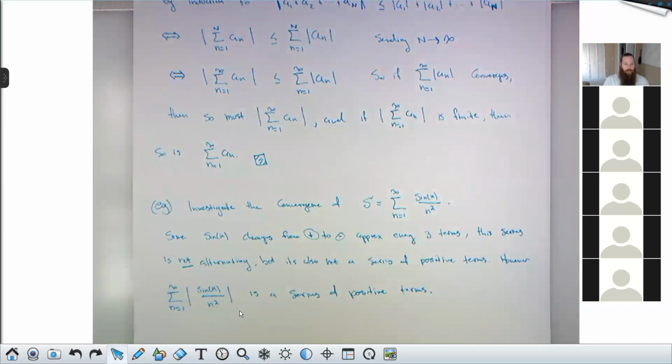Now you could also try the integral test on this thing, but that's not going to be pleasant. It's not monotone, it's not decreasing. But a direct comparison test will do the job here.